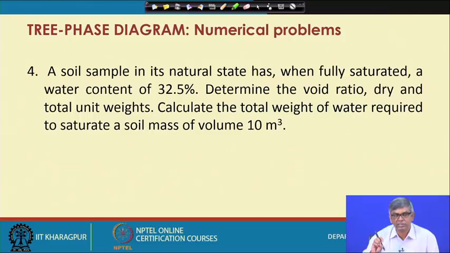Additionally, I can assume GS equal to 2.7, and then by knowing that I have to find out the rest of the things. I have to find out the void ratio, dry and total unit weight, and then the total weight of water required to saturate a soil mass of 10 meter cube.